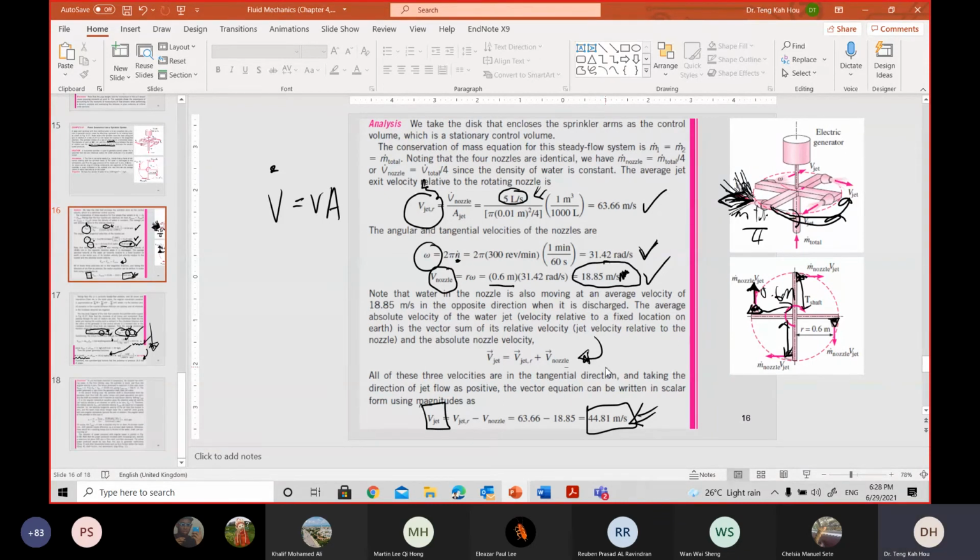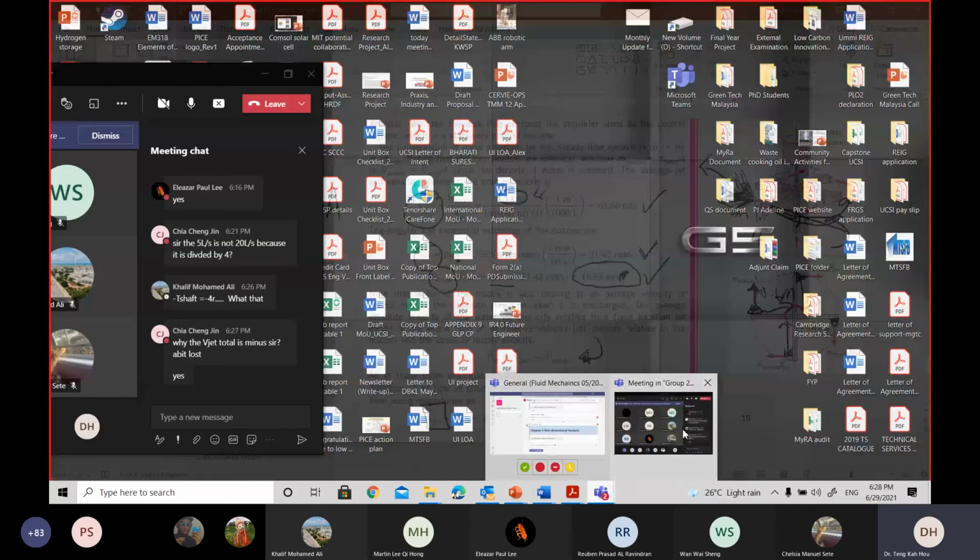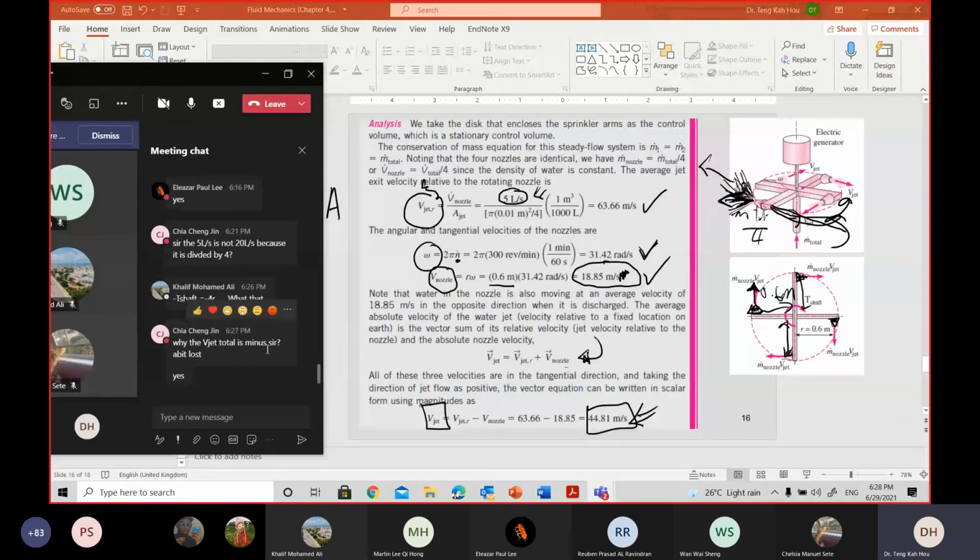That's why you need to use a minus. Which one is the biggest? Because this contributes to your velocity over here. At the same time, they also contribute backwards. You need to get the net velocity happening in this system. Then you start the calculation. Okay, did I answer your question, Chen Jin? But anyway, try on that first.